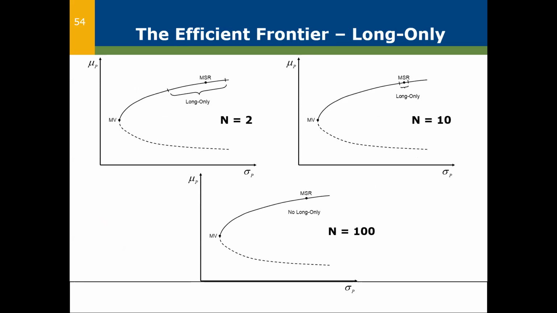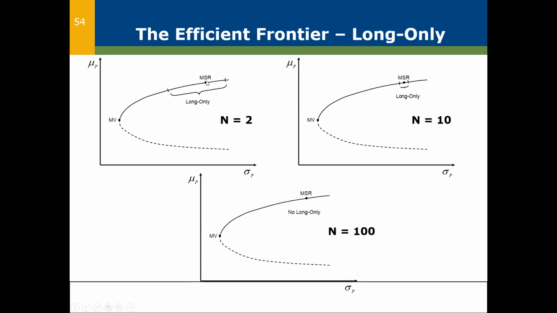And so what that means is you can imagine that the weight for some asset goes like this, and then the weight for another asset will go like that. And during that region where they're both positive, that's a region where the efficient frontier consists of only long-only portfolios.